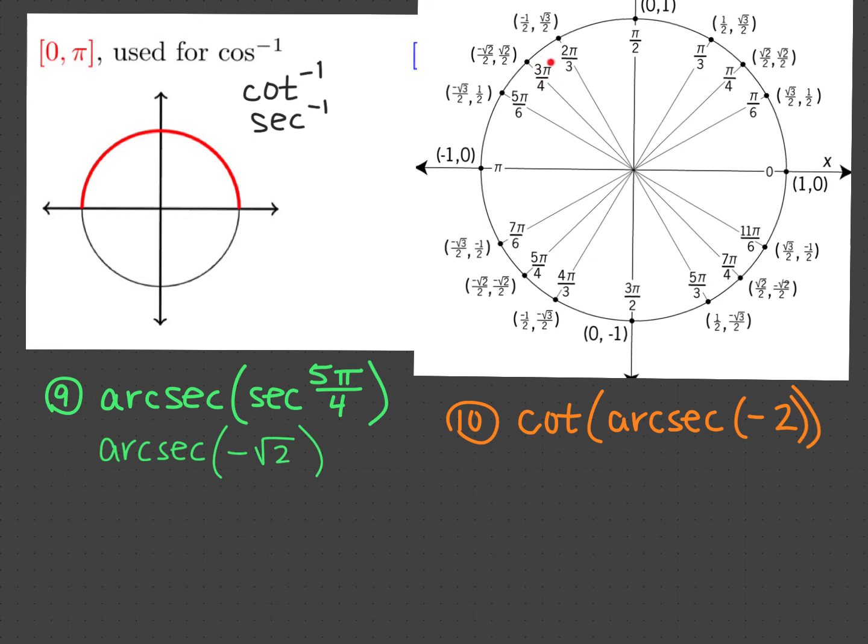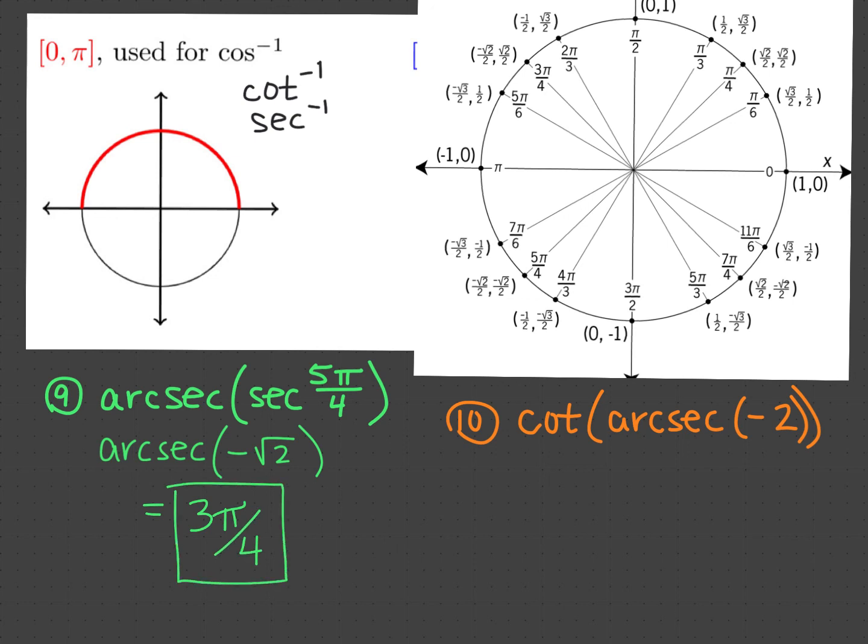Well, I know it has to do with the pi over 4 family because I literally just did the reciprocal of negative root 2 over 2 and got negative root 2. So I know it has to be where the cosine is negative root 2 over 2 here. So the secant of 3 pi over 4 is in fact negative root 2. So the arcsecant of negative root 2 is where that occurs, which is at 3 pi over 4.